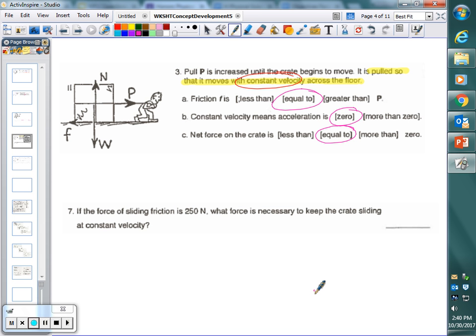That's a good question. How is it moving if the friction is equal to the pull? One of the other questions in the lab from last week: objects only move when force is exerted on them, true or false? False.